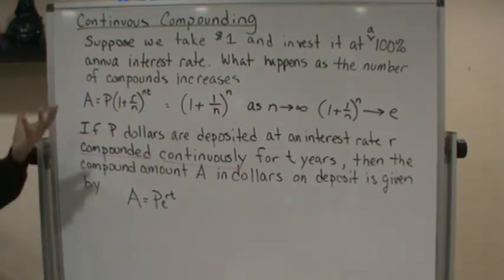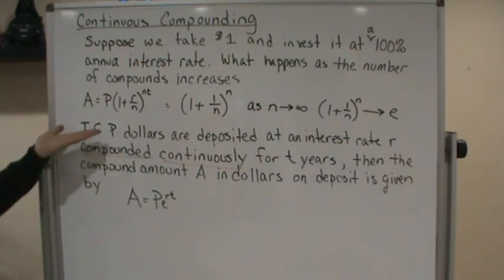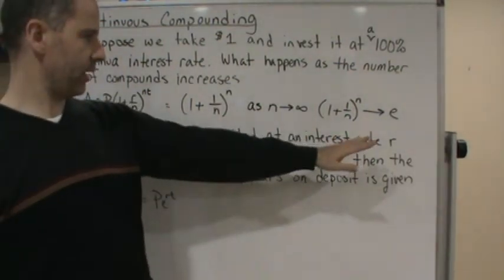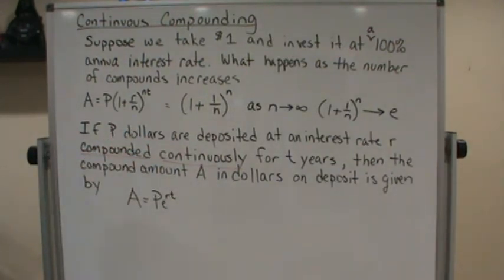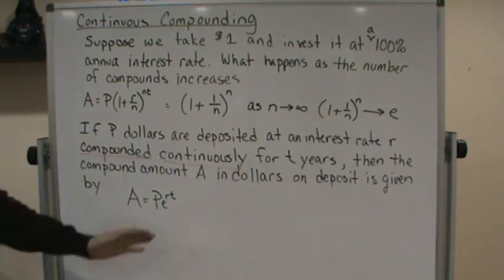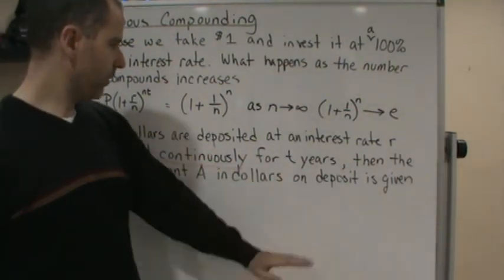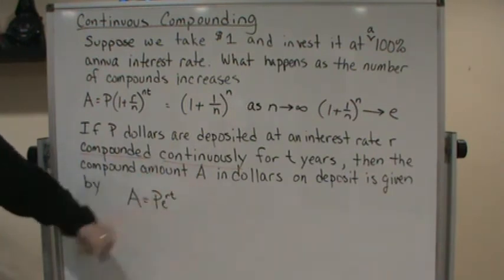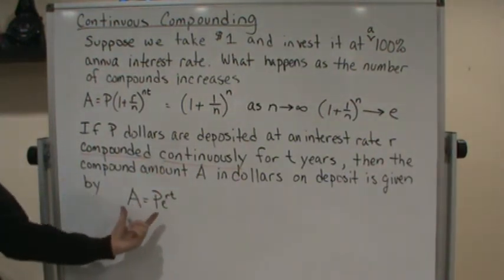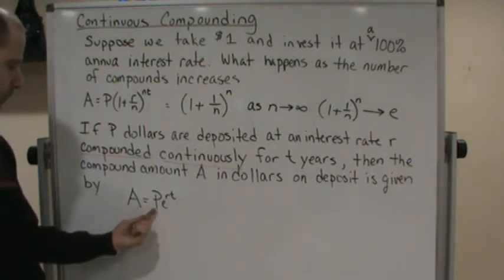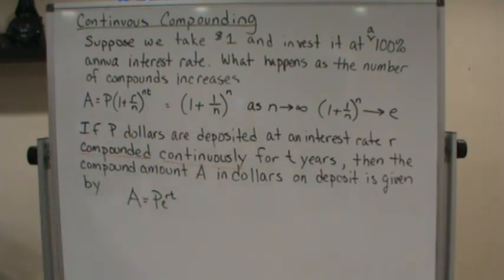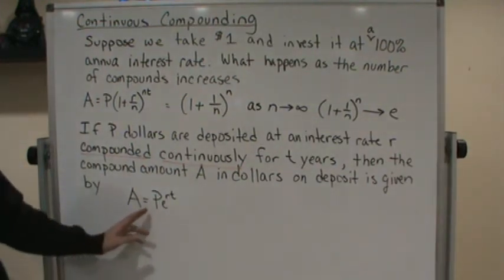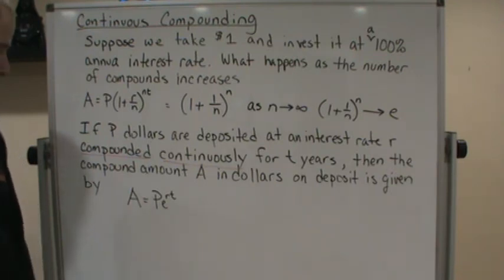It turns out that as you take n to infinity, keeping P and R fixed, where P is deposited at an interest rate of R and we're compounding continuously, which means we're taking n to infinity, then for t years, the accumulated amount A is represented by this formula here: A equals P times e to the RT exponent, or what I call PERT. So A equals PERT.